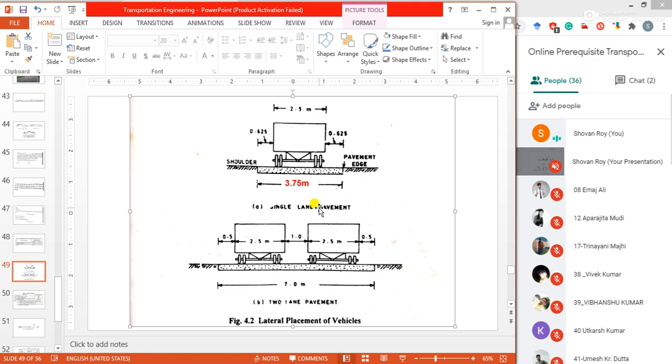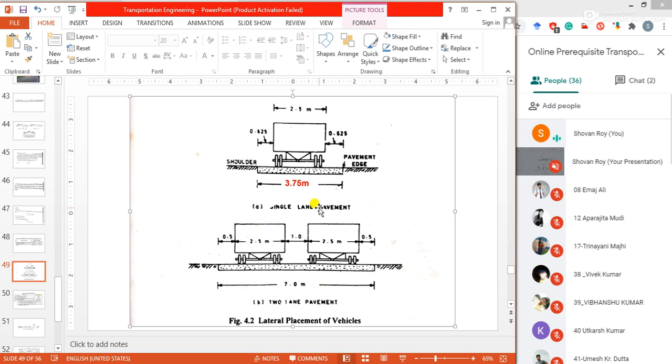For pavements having two or more lanes, a width of 3.5 meter per lane is considered sufficient. For example, on a national highway where we provide 4 lanes or 6 lanes, we can provide 3.5 instead of 3.75, because when the number of lanes is maximum, the width of the pavement can be maintained at 3.5 meter.